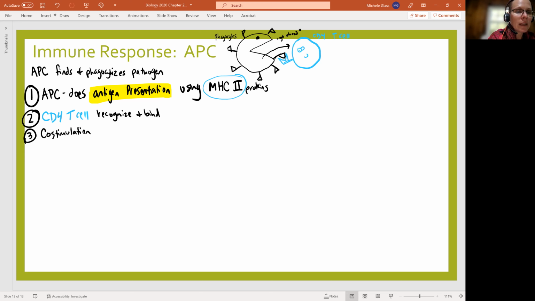And then the fourth step is for the CD4 T cell to activate. Anytime we're talking about a lymphocyte activating, we mean divide and differentiate.